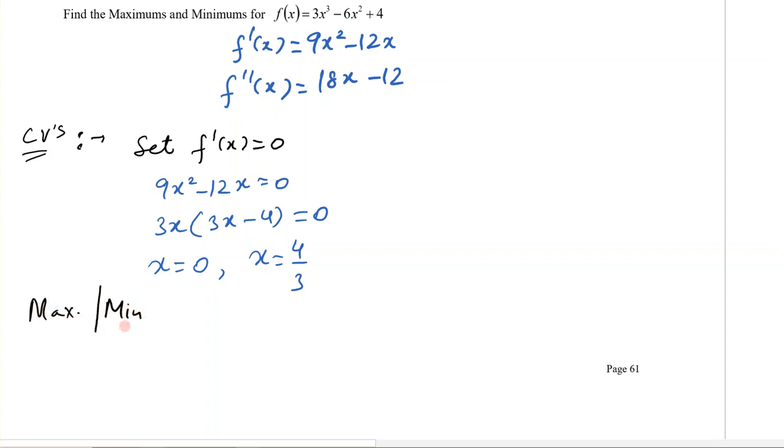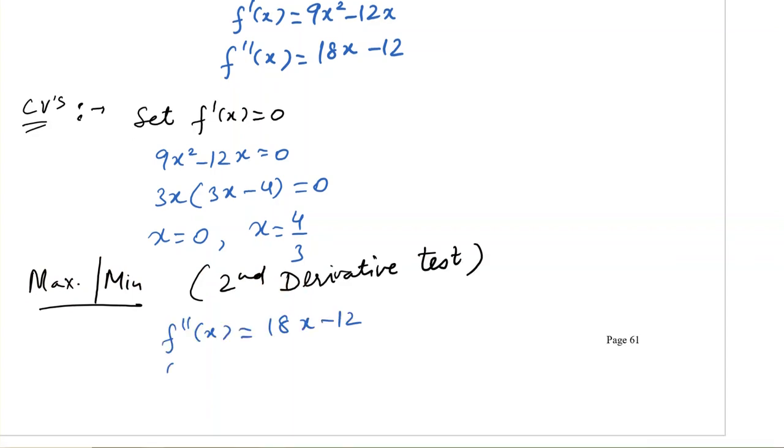Since in this case it was easier to find the second derivative, next we're going to decide on our max or min using the second derivative test. I try to find my second derivative's value at the critical value. First I'm going to plug in x equal to 0. So we get 18 times 0 minus 12, which is negative 12. So I get a negative value.